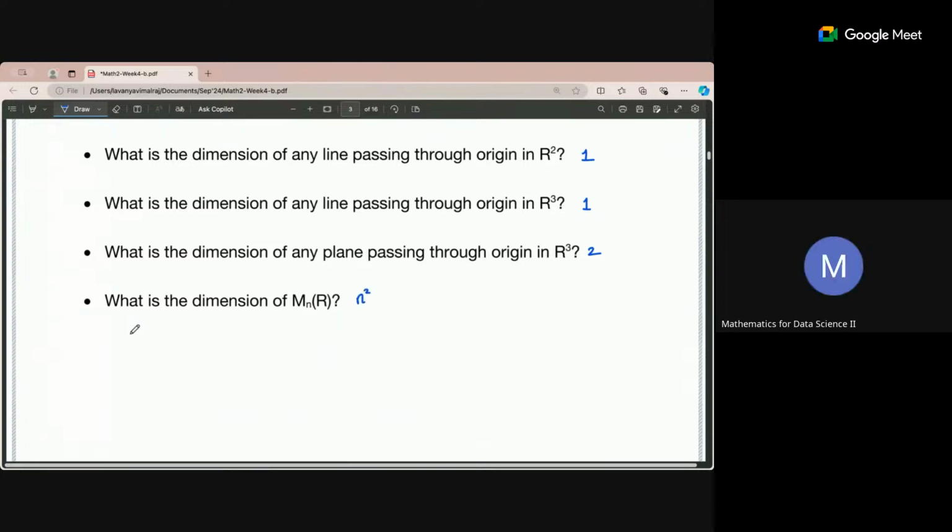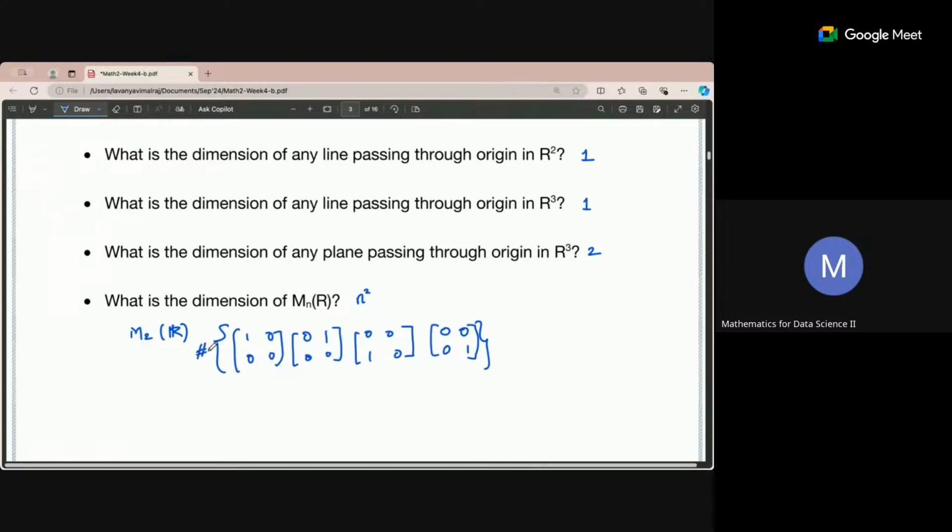For example, if you consider M2 of R, we already saw a basis for this, which was the matrices with a single 1 in each of the four positions and zeros elsewhere. You see that there are 2 square elements here.